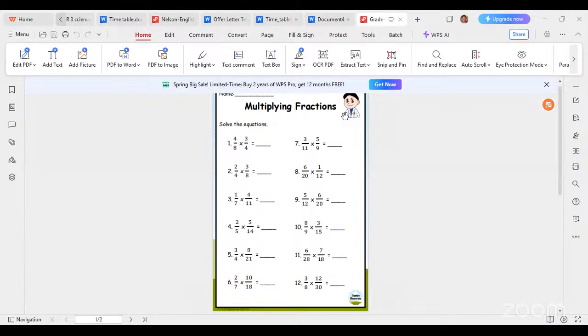Then from Sunday, we start with a fresh topic. Okay? We go to practice exercise 23.